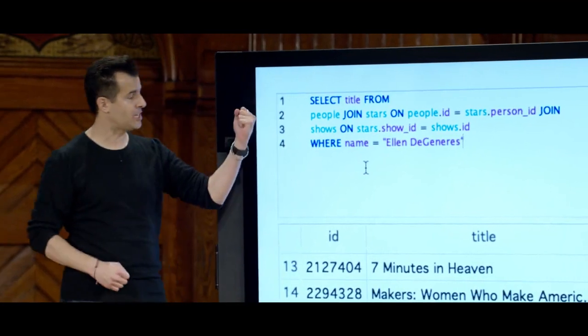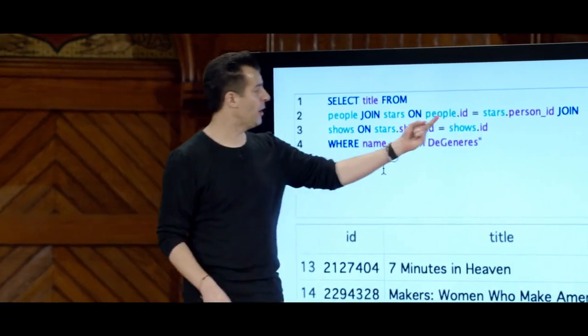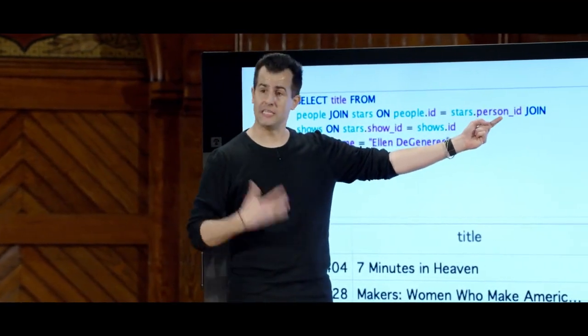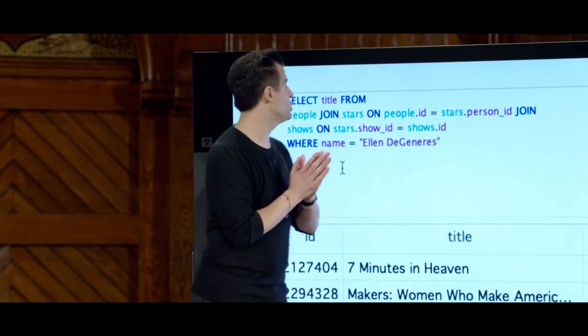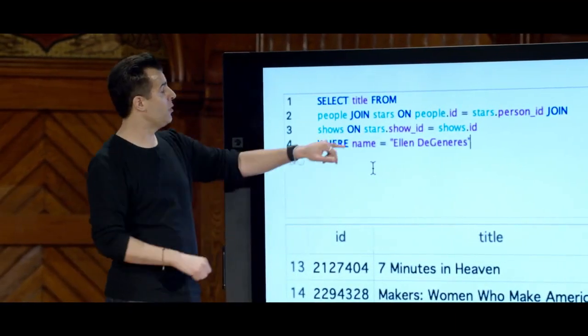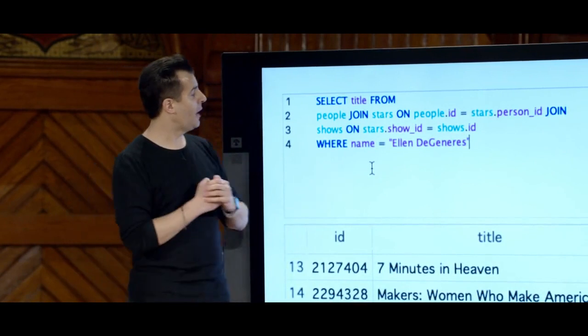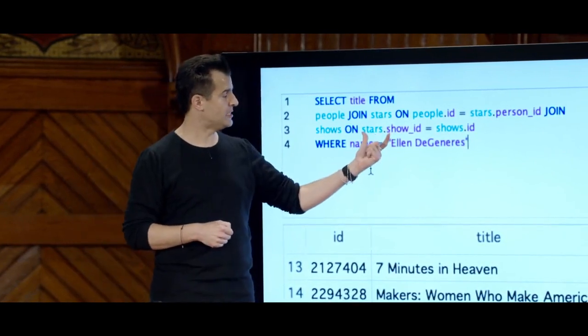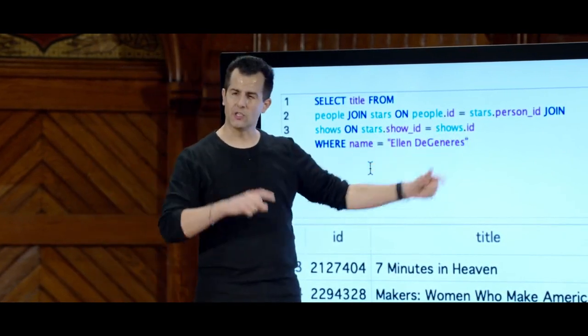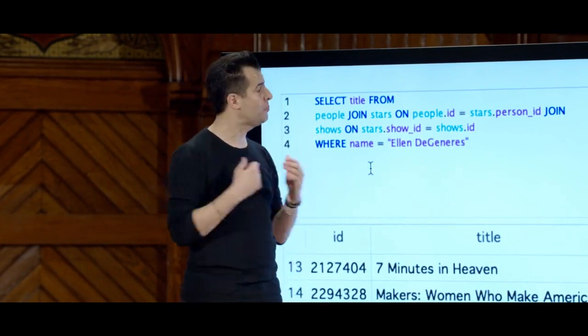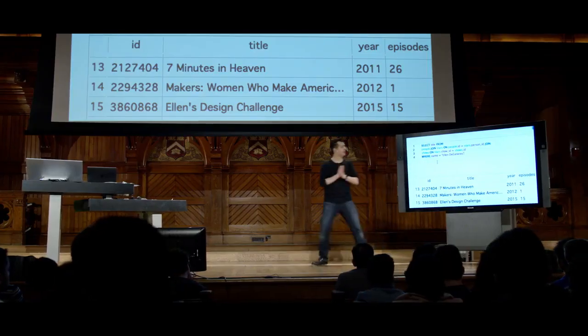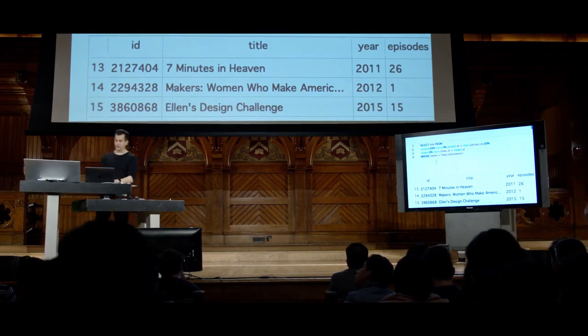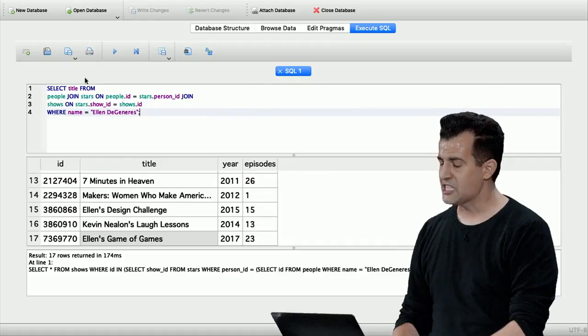How do you join the people's table and the stars table? Well, people have IDs. Stars have person IDs, according to the diagram. What else do you want to join together? Let's join all of that with shows. How? Well, let's go ahead and say stars.showid equals shows.id. So it's a way of linking transitively multiple tables together and then filter all of that with a name of Ellen DeGeneres. This is what we would call an explicit join.